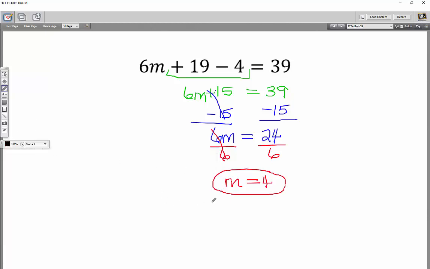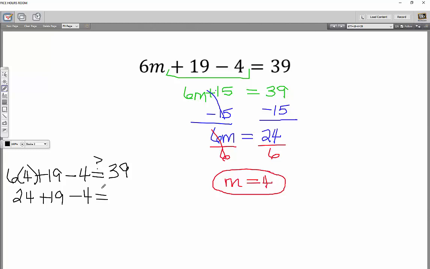But of course, we have to check and make sure our answer is correct. So let's plug that back into our original equation. 6 times 4 plus 19 minus 4, we want to know if that's going to go ahead and equal 39. 6 times 4 is 24 plus 19 minus 4, and we're still looking to see if that equals 39. 24 plus 19 is 43.